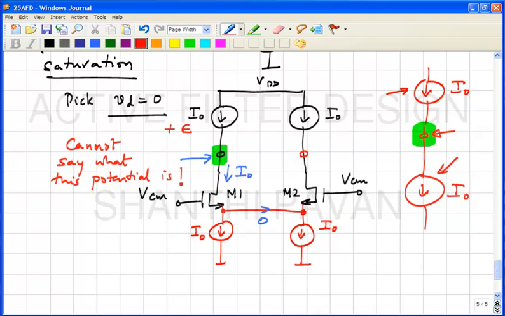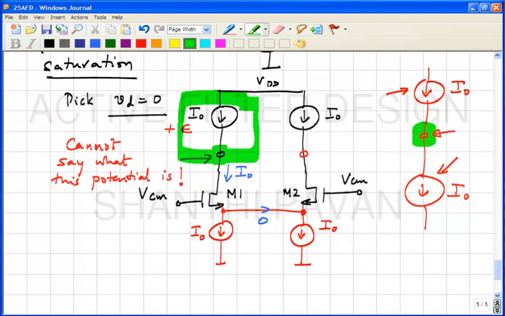What do you think will happen to the potential of the node? It will keep increasing. So if this current is larger than I naught, then the potential at this node will go on increasing.